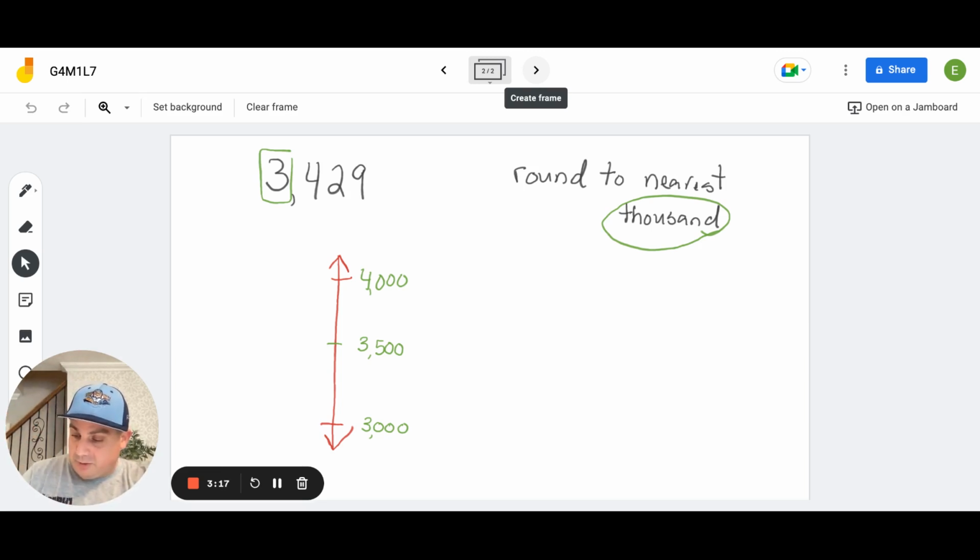And all I have to do now is take my 3,429 and say, is it going to be above my midpoint and closer to 4,000? Or is it going to be below my midpoint and closer to 3,000?